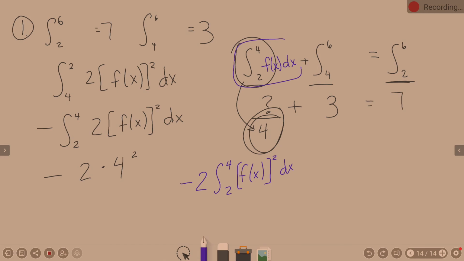So this integral from 2 to 4 of f of x dx is equal to 4. So that's where I can say negative 2 times 4 squared. So the negative does come from the flip-flop. I hope I saved myself there at the end. I don't feel like my explanation was wholly on par, but I get it. Okay.